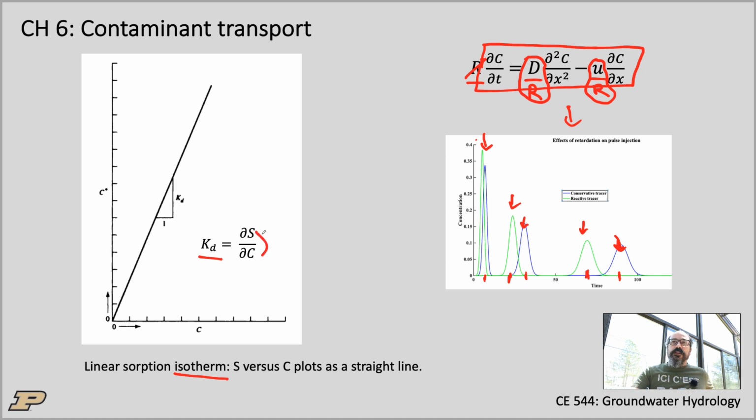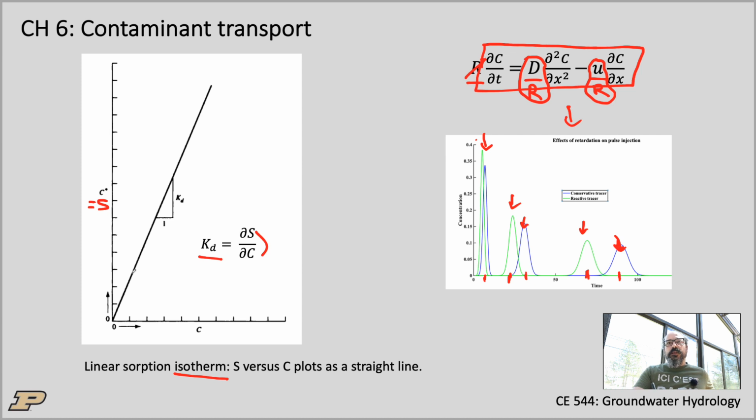So we've defined it as the change in sorbed species per the change in bulk concentration in the fluid, right? And if it is linear, this is basically just the slope of, and again, C star here equals S. This is just a different convention. I put S to really emphasize that this is the sorbed species, but in the textbook, he uses C star for the same thing, right?